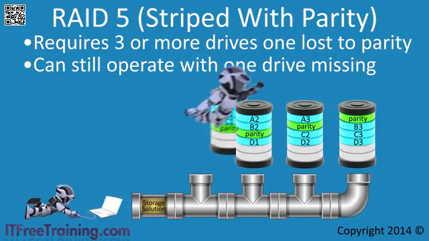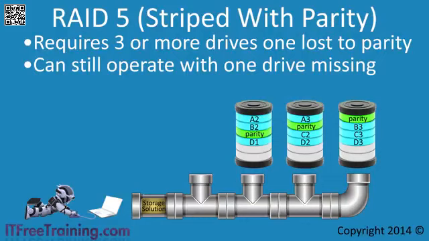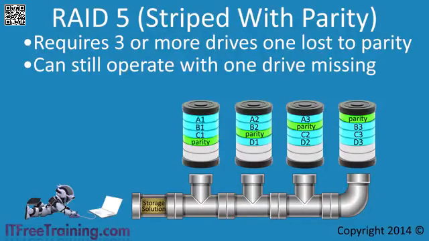The drive can simply use the information on the other drives to work out what the data should be. If a second drive were to fail, all the data on the RAID would be lost. For this reason, you should always replace the failed drive on a RAID as soon as possible. Once the replacement drive is installed, it will use the information from the other drives to rebuild itself.